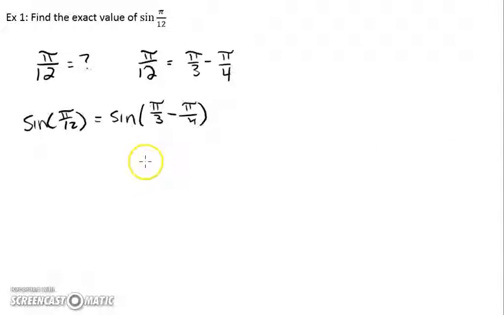So according to our formulas on that last slide or at the top of your page, we know that sine of some angle u minus some other angle v is going to be equal to sine u cosine v minus cosine u sine v.